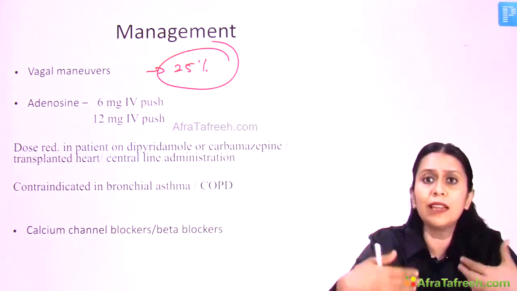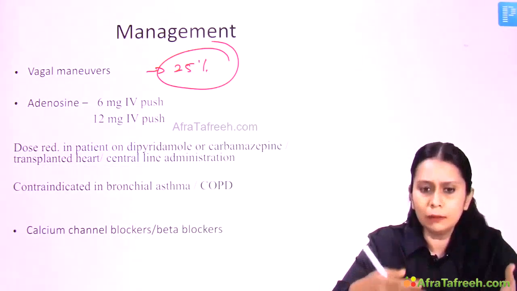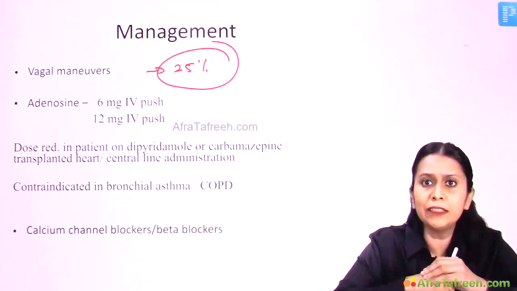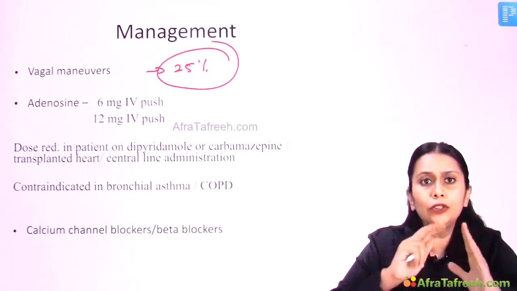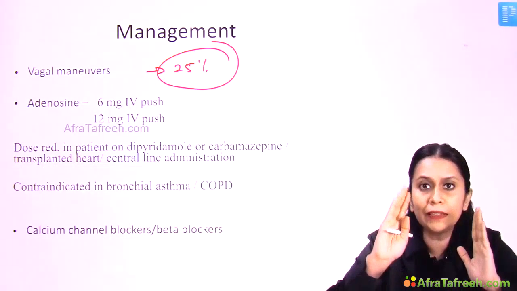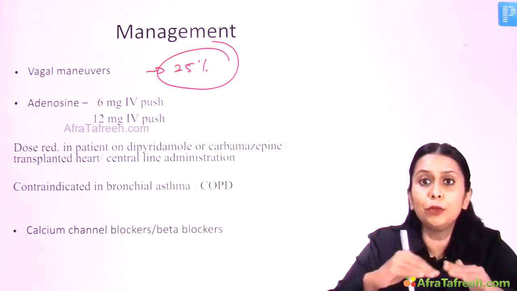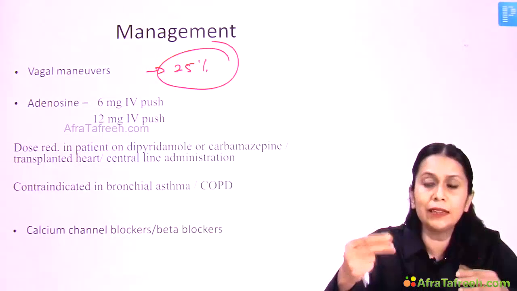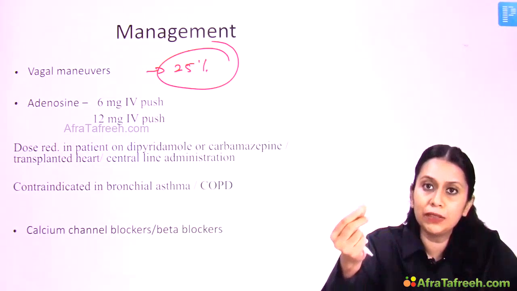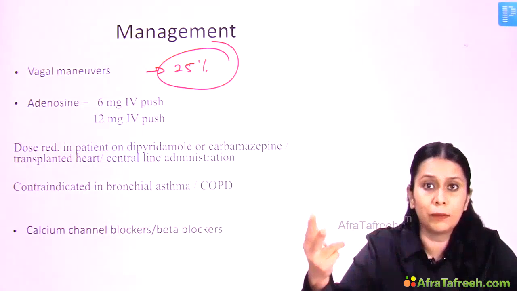We can go for the Valsalva maneuver, and we can go for carotid sinus massage. But for carotid sinus massage, before performing it, you should always listen for any carotid bruit, which would tell us that the carotid artery of the patient is, let's say, stenosed.